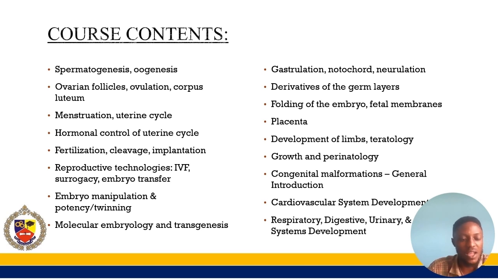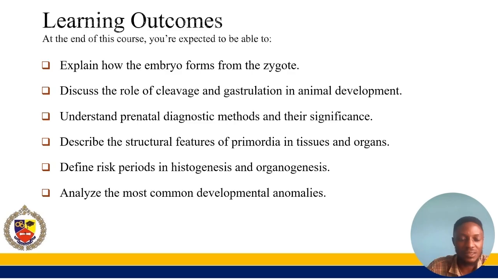We have the molecular embryology and transgenesis, gastrulation, notochord, neurulation. We have the derivatives of the germ layers, folding of the embryo, fetal membranes, placenta, development of limbs, teratology, growth and perinatology, congenital malformations, which we'll be looking at the general introduction to, and cardiovascular development.